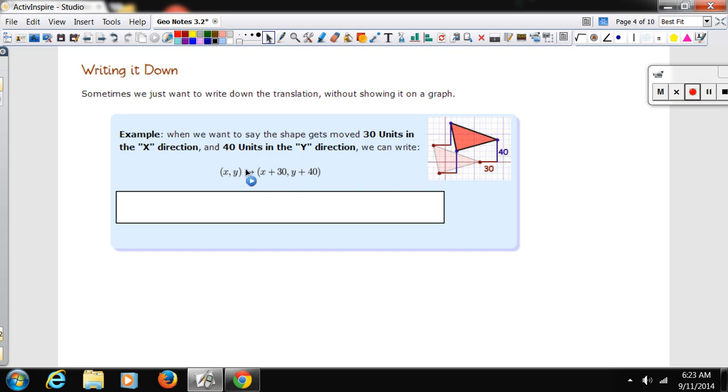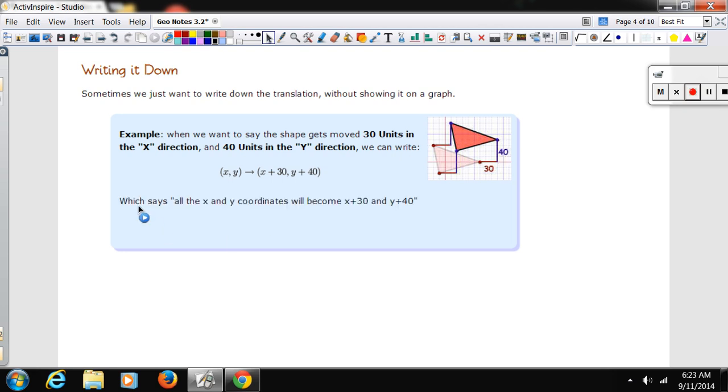It just means to get to your image, you need to add 30 to the X and add 40 to the Y. This was the pre-image down here. To get to your image, you go over 30 and up 40 on all your coordinates, which says all the X and Y coordinates will become X plus 30 and Y plus 40.